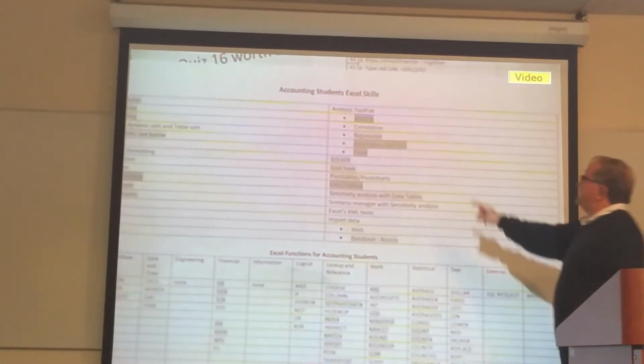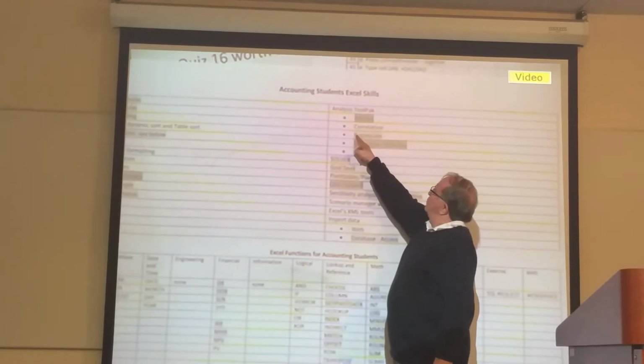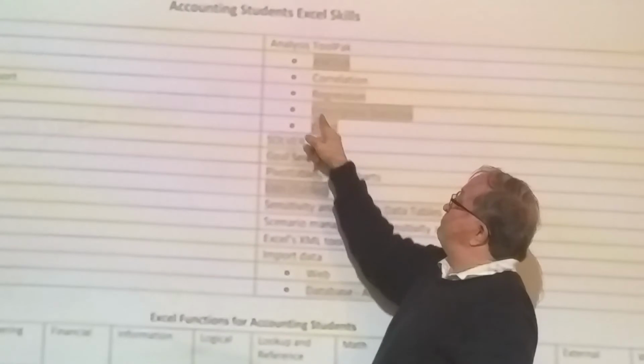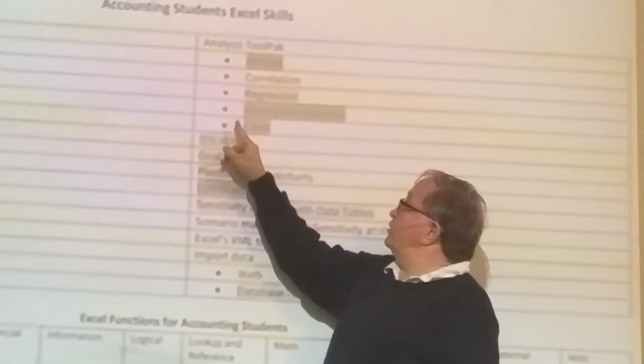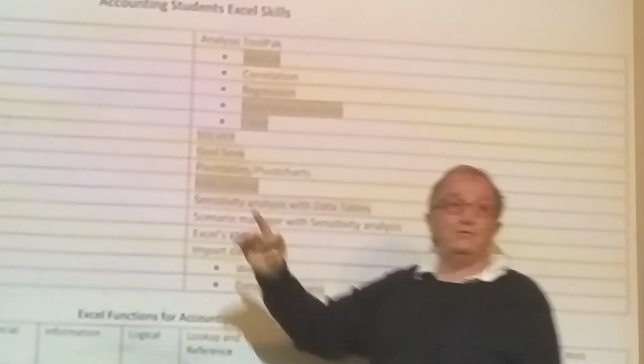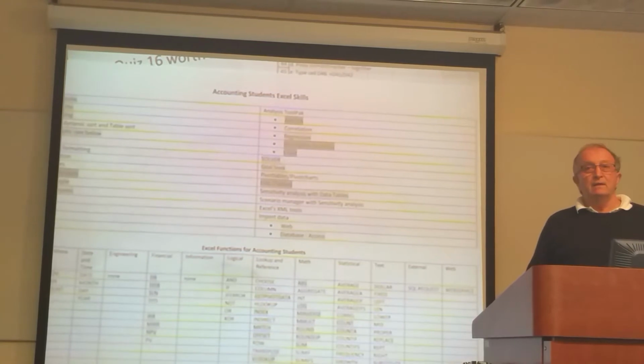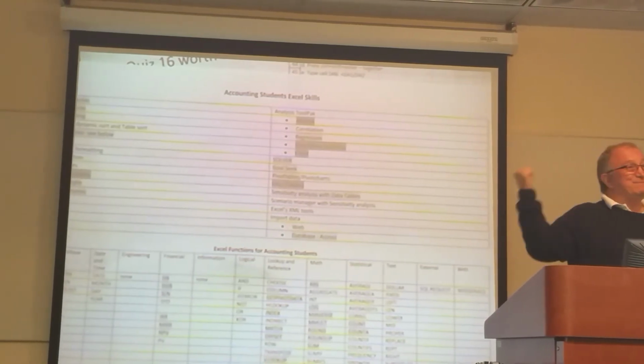Under the analysis tool pack, we just did regression. But I have stuff planned for descriptive statistics, t-test, and ANOVA for next semester. In fact, the people that came to my office this morning, Lee, and who else came? Someone else came, I think. That's what I was working on when you came in.